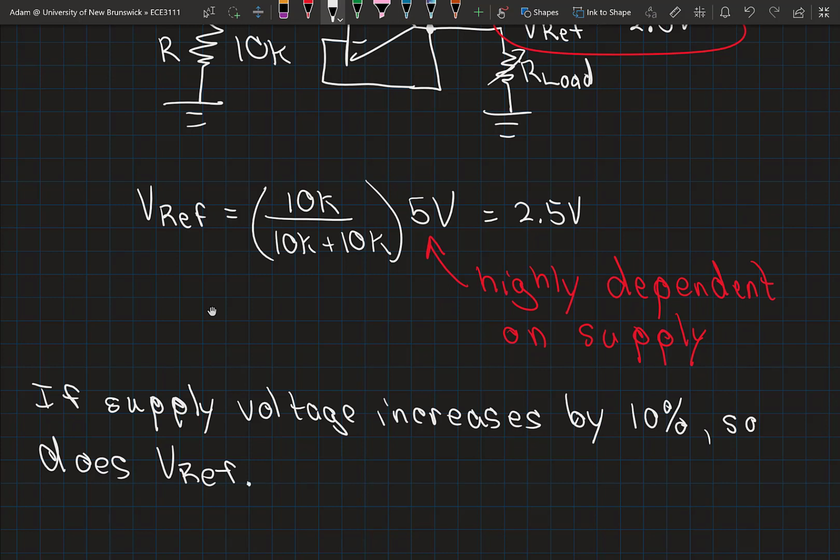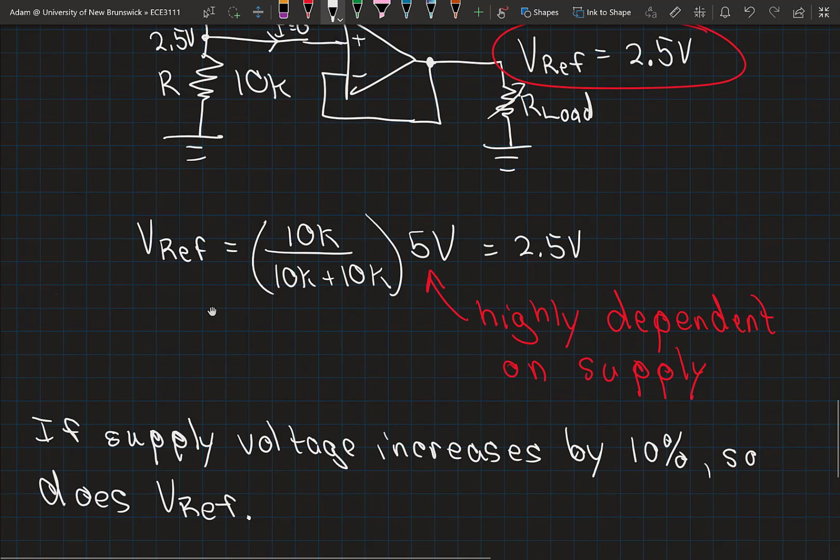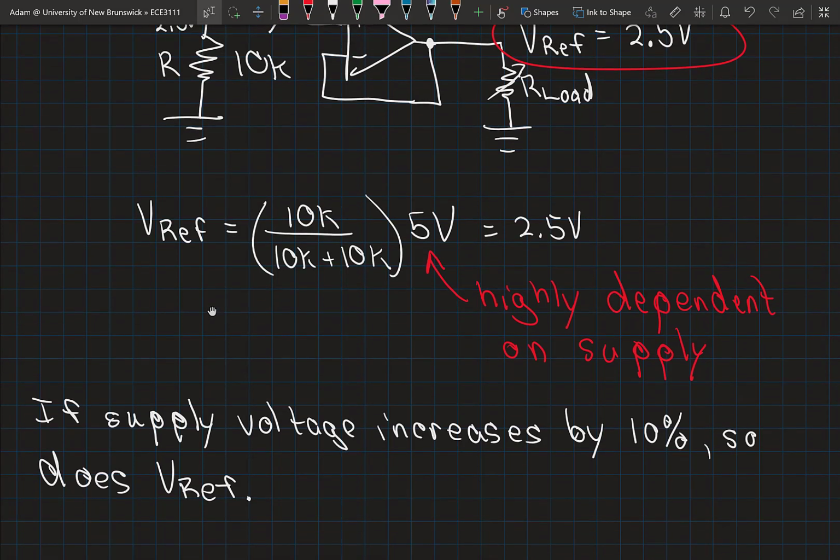Right? So if my supply voltage is coming from a battery, as my battery drains, then my supply voltage is going to reduce, and my reference voltage is going to be impacted as well.